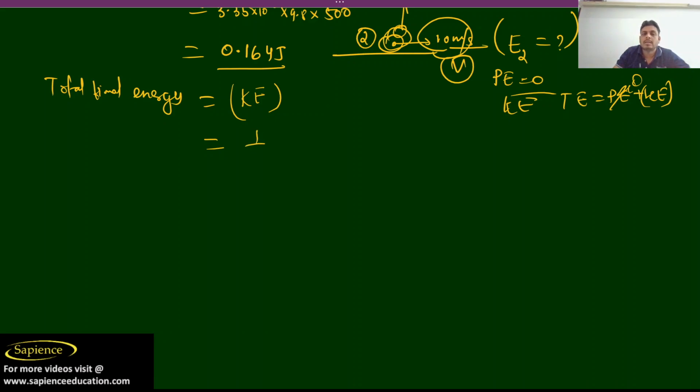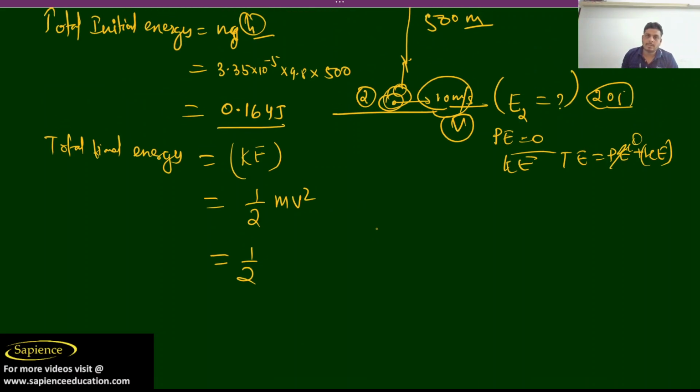So total final energy is equal to half m v square. Mass of the raindrop is 3.35 into 10 power minus 5, into the velocity, that is 10 square.